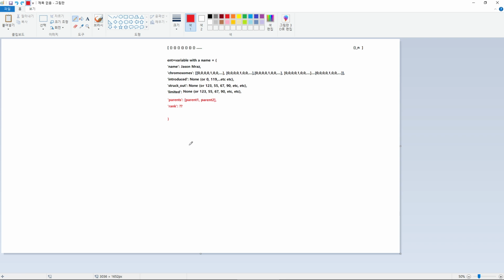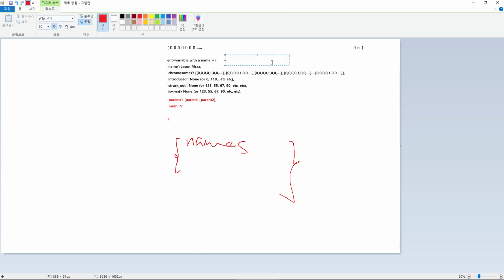I should rather have dictionaries with names and keep them somewhere, not as variables. Oh yeah, I forgot to add that the dictionary also has a key, the entity name, I think.